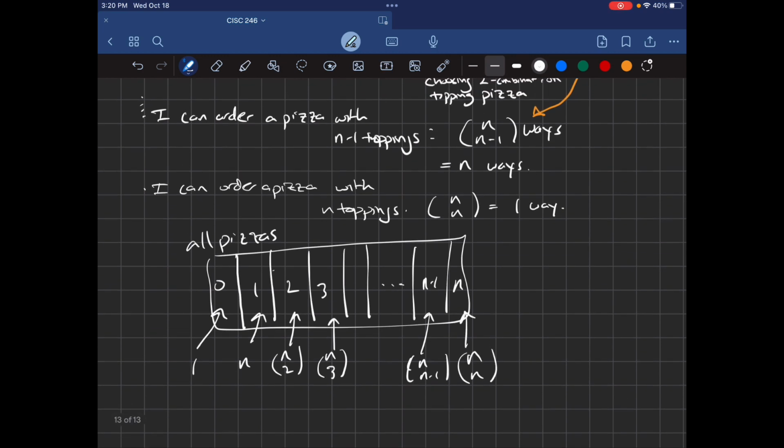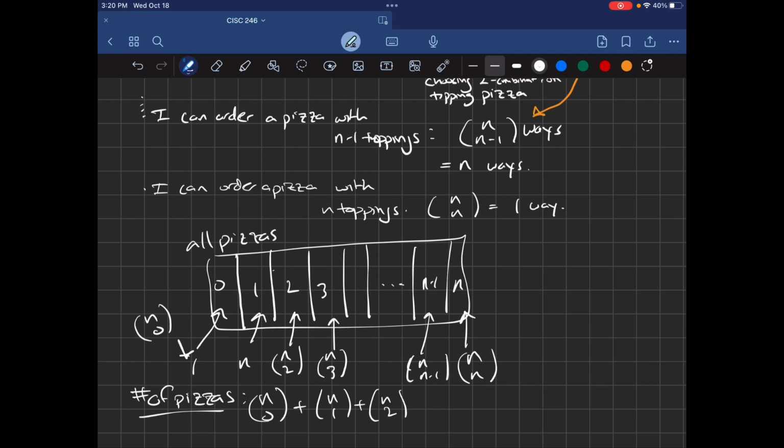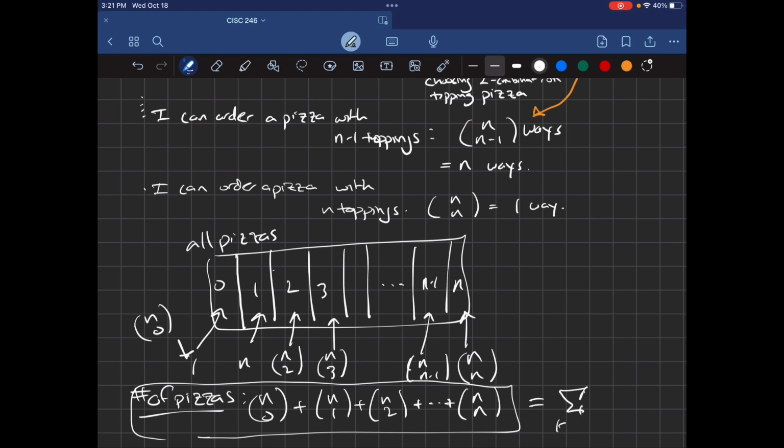And since these are all disjoint, you can really say the number of pizzas would be, really 1 right here is n choose 0. So this is n choose 0 plus n choose 1 plus n choose 2 plus up to n choose n. And so that's a different way of counting the pizzas. And that is equal to, just by putting in summation notation, the sum from k equals 0 to n of n choose k.